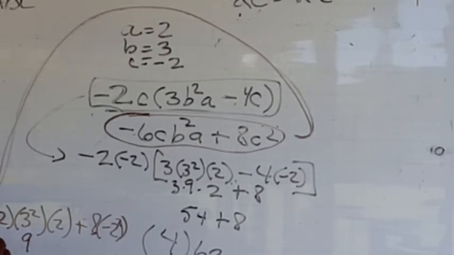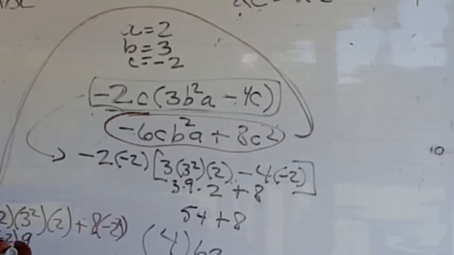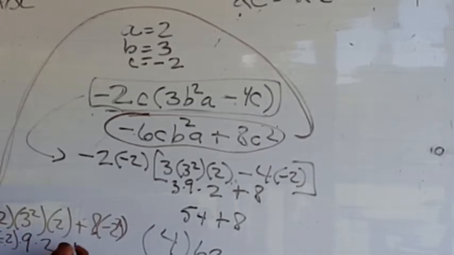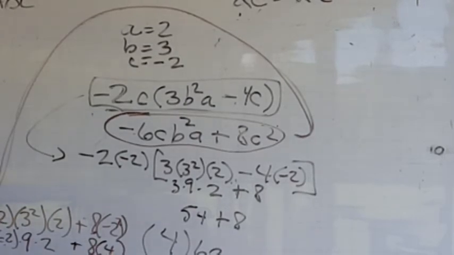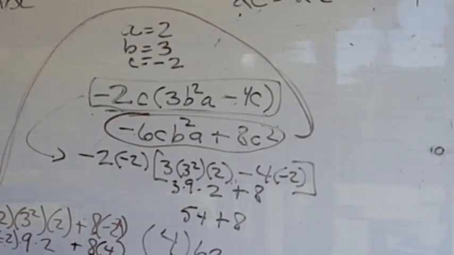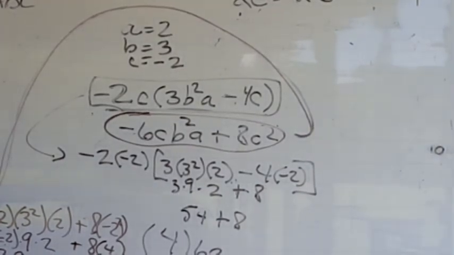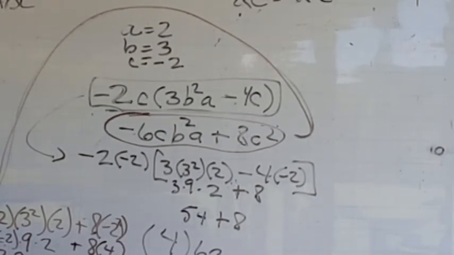So negative 6 times negative 2 times 9 times 2 plus 8 times 4, because negative 2 squared is positive 4, because the negative times the negative is a positive. So negative 6 times negative 2 is going to be positive 12 times 9. 12 times 9 is 108. 108 times 2 is 216.